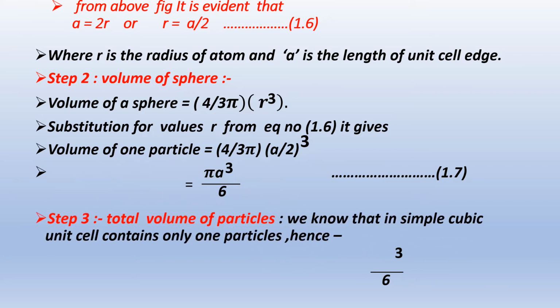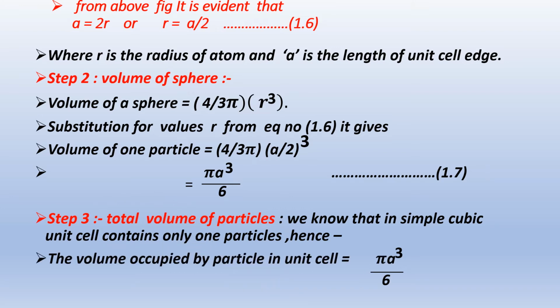Now step 3, total volume of particles. We know that a simple cubic unit cell contains only one particle, hence the volume occupied by particles in the unit cell is equal to pi A cube upon 6.